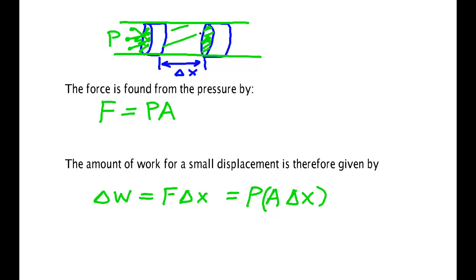What that represents is a volume in this tube, which I will call delta V. So as this piston gets moved back, let's say that the gas was sealed off here, as that piston gets moved, the volume of the gas increases by this amount, delta X times A.